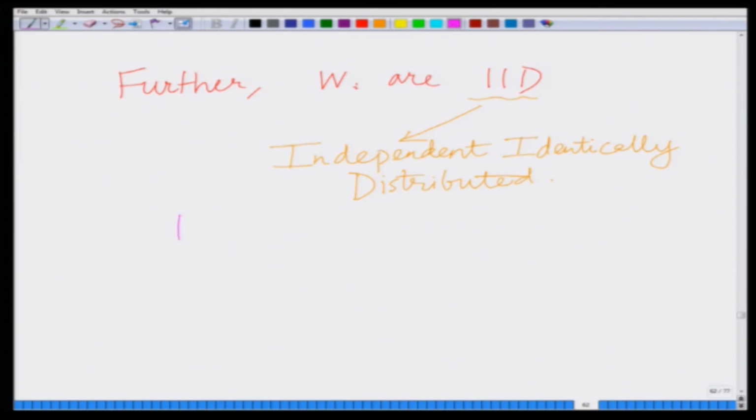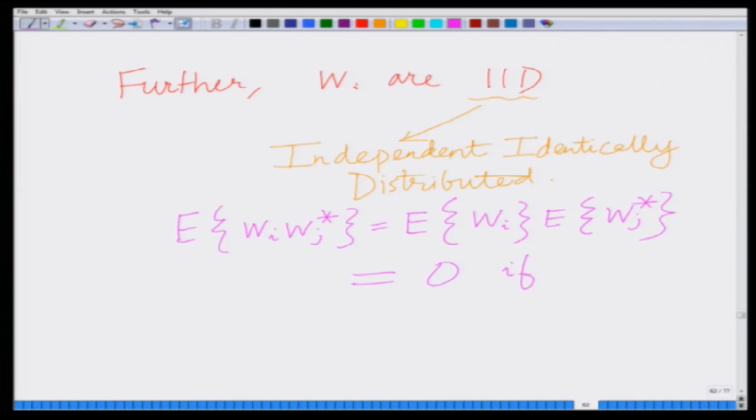Since these are independent, as we have already seen, expected value of Wi Wj conjugate is equal to the expected value of Wi times the expected value of Wj conjugate, which is equal to 0 if i is not equal to j.